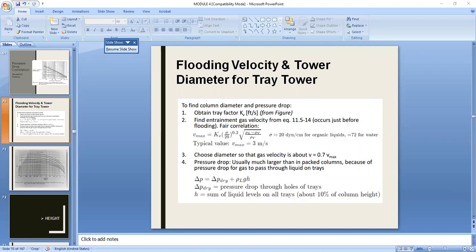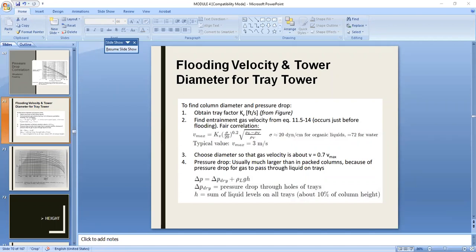Now for the value of the sigma in here, you have 20 dyne per centimeter. This is the interfacial tension, rather. For organic liquids it's 20 dyne per centimeter, and 72 for water.